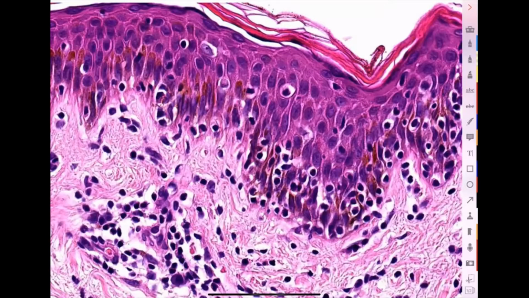You are correct that you can tell me there are atypical lymphocytes. So if you want to tell me epidermotropism with atypical lymphocytes, you are absolutely fine, right? So lymphoproliferative disorder cannot be excluded. My differential diagnosis is mycosis fungoides, okay?